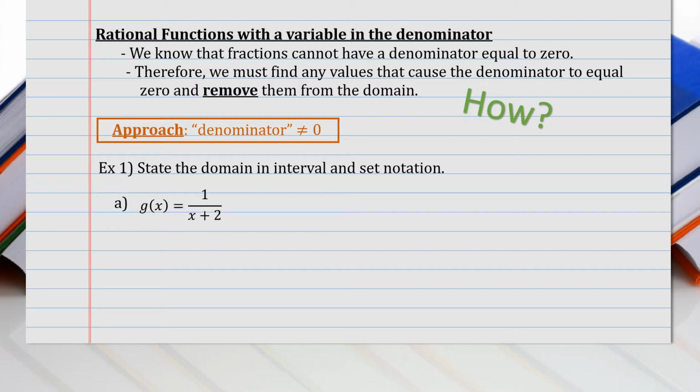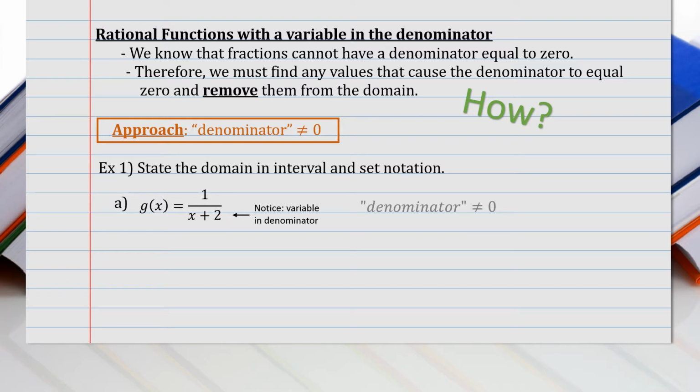For a, we have the function g of x equals 1 all over x plus 2. Notice there's a variable in the denominator. So how do we go about finding the domain? Well, remember, it says to take the denominator and say it cannot equal 0.